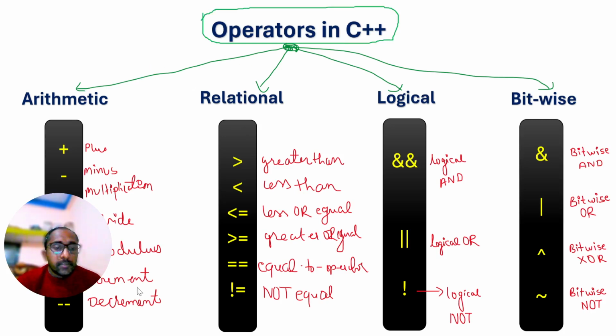C++ provides simple operators: arithmetic operators, relational operators, logical operators, and bitwise operators.